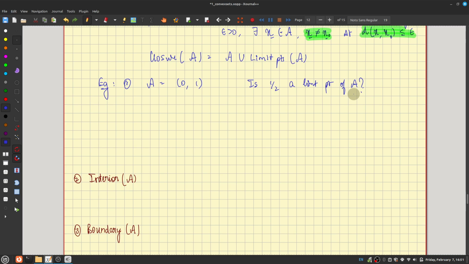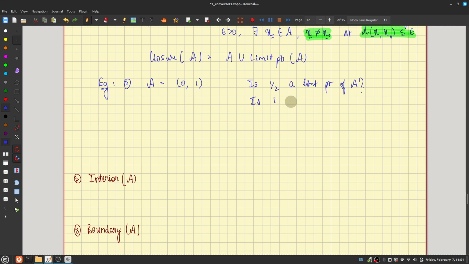Yes, because you take any epsilon greater than 0, you can find some point in A not equal to half, but belonging to A. You're all convinced that half is a limit point? So in this case, half is a limit point of A, but half is also a point of A.